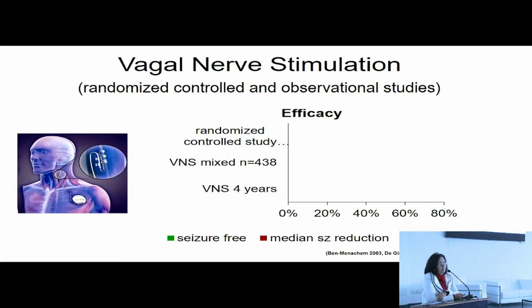The VNS has been around since the 90s, and I like to say it's a medication without being a medication. One thing I want to point out here is that we are talking about seizure reduction. Everything we talked about this morning was the percentage of being seizure-free with epilepsy surgery.